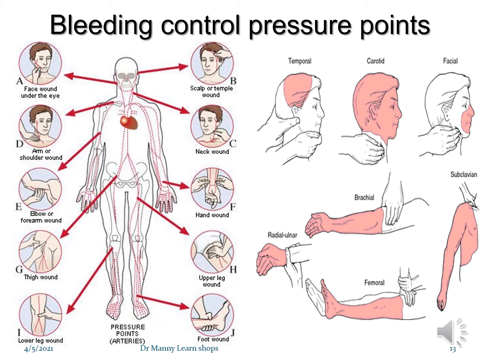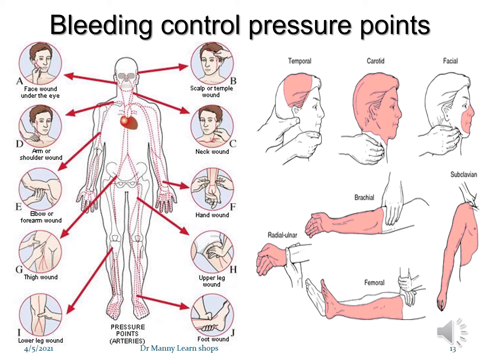You need to control the bleeding by pressing on pressure points, and the pressure points are located over arteries or veins, typically arteries, and they can be, as the picture indicates, temporal, carotid, facial, subclavian, brachial, radial, ulnar, if you're going into the legs, the femoral, popliteal arteries.